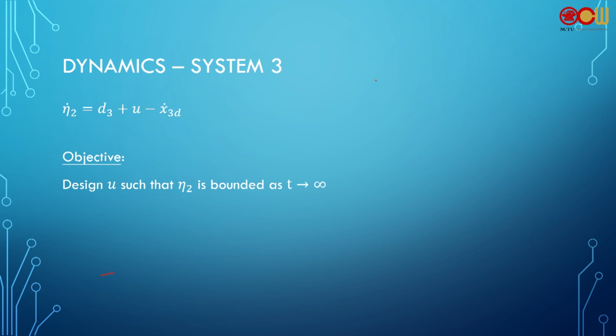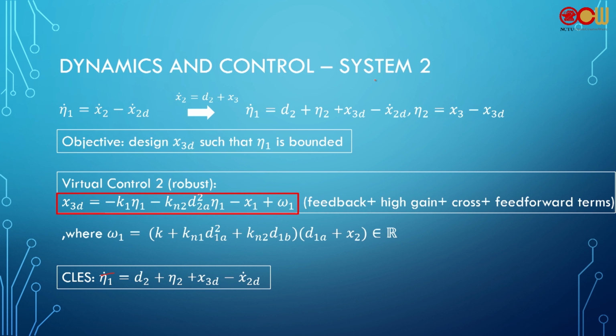Here's your control. It's a physical control. So you need to put a feedback term in U, and a Lyapunov term in U. The term is to deal with these three. So you need to create a Lyapunov function to upper bound these disturbances. At that time, you will see clearly how you can design the control input to dominate the disturbances. And this is the feed-forward term, x3d dot, which is the time derivative of the virtual control from the previous system. And this could be very complicated, because if you look at x3d dot, it is this.